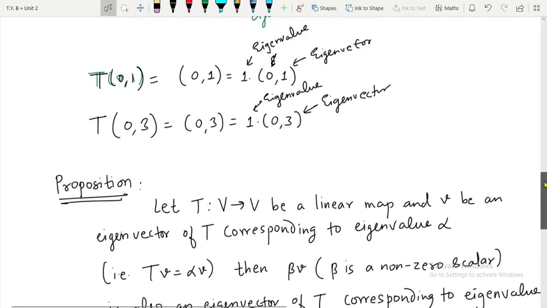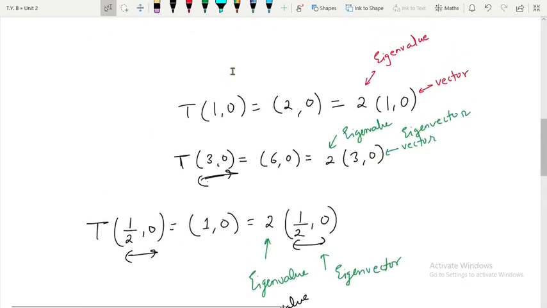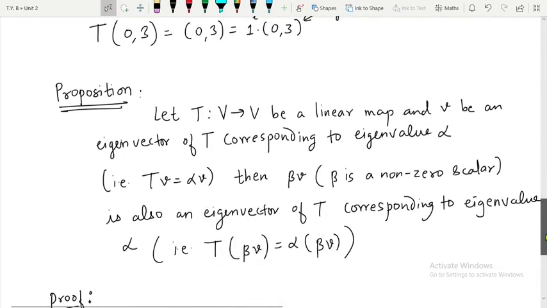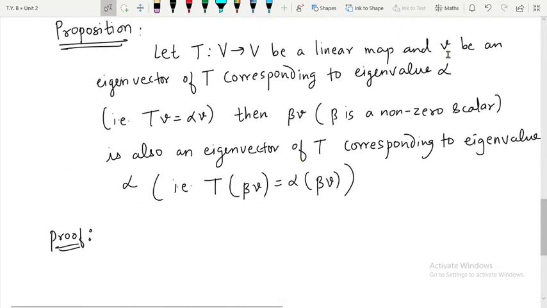That is why in the last example, whenever we took a multiple of (1, 0), we got an eigenvector, and the eigenvalue is the same. We always get 2. So whenever V is an eigenvector corresponding to eigenvalue alpha, then the scalar multiple beta V is also an eigenvector corresponding to eigenvalue alpha only, right?